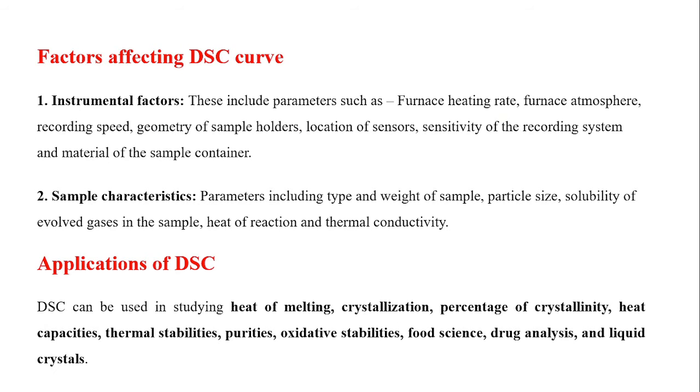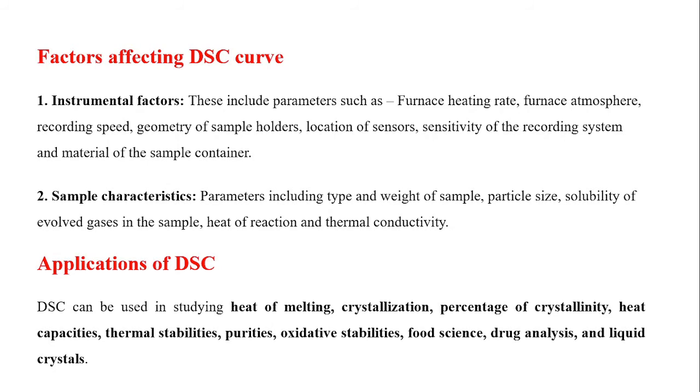There are a few factors that affect this DSC curve. First are instrumental factors. These may include heating furnace, heating rate, furnace atmosphere, recording speed, geometry of sample holders, location of sensors, sensitivity of the recording system, and material of the sample container.